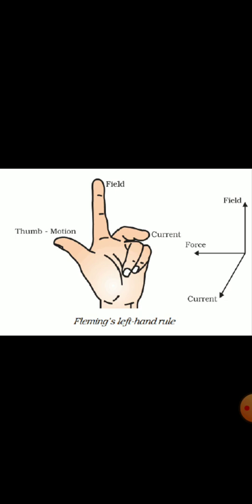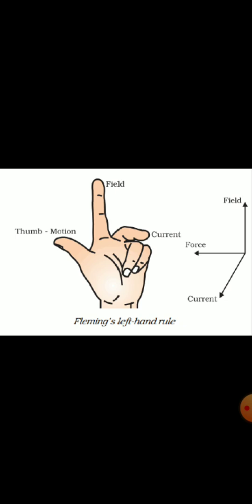So, if we want to know the direction in which the rod gets displaced, or in which direction the force is exerted, then how will we find it? By using Fleming's left hand rule. For that, we must know two things: magnetic field and current.